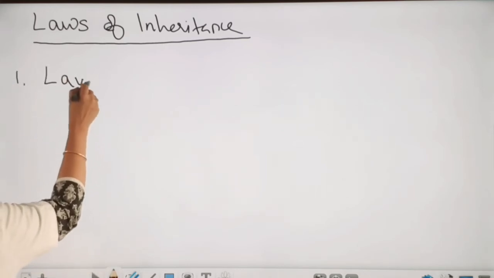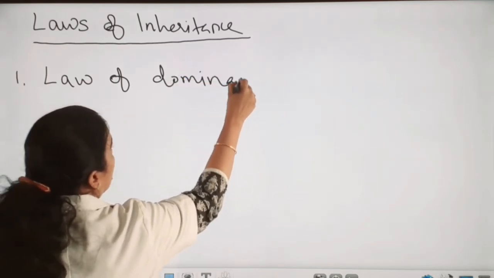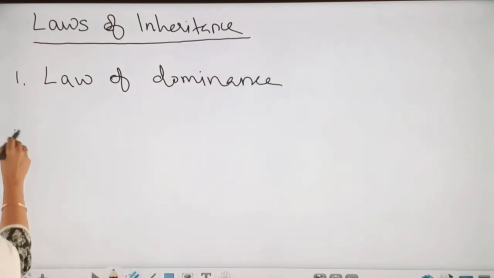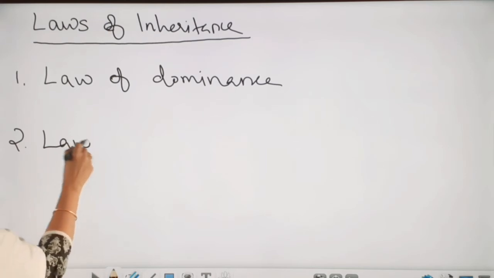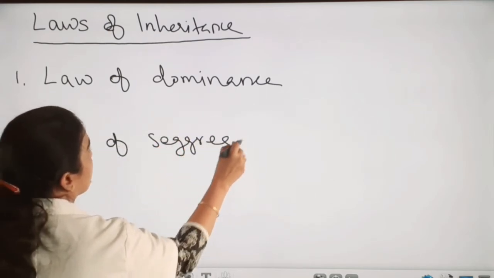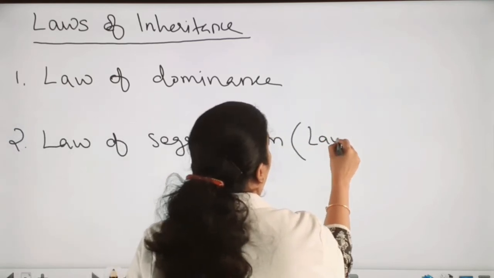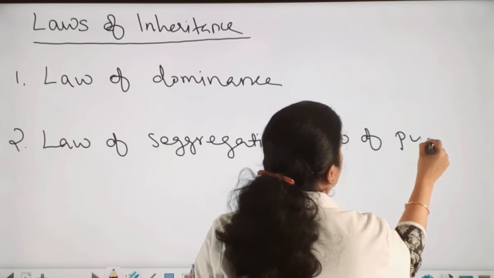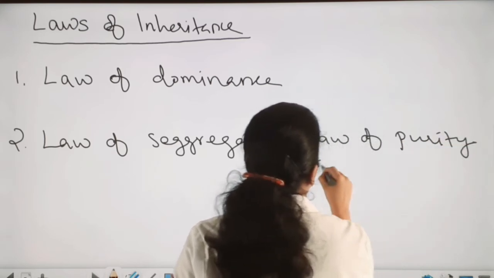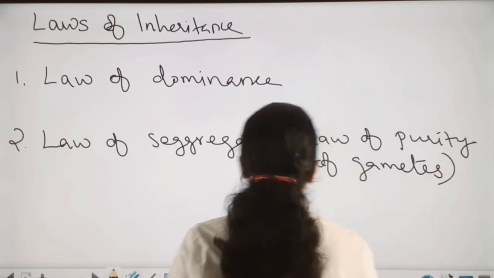First one is law of dominance. Second law is law of segregation, and this law is also known as law of purity of gametes.